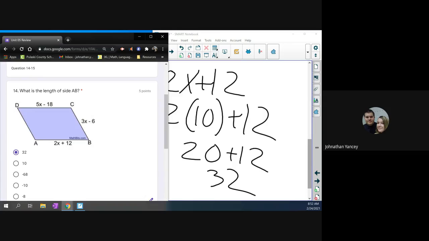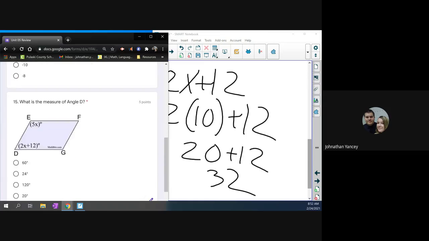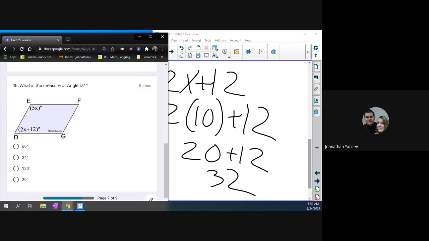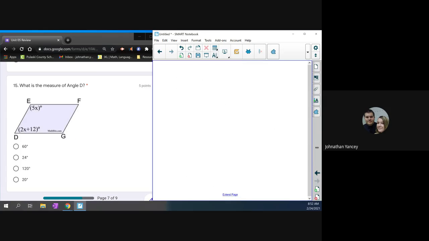So then you would use these two sides and find the x like normal, but then you just plug it back in there. That might be mean to you. It might be nice. You'll have to find out on the test Friday. That's where it's going to be very important to make sure you look at what the question is asking for.